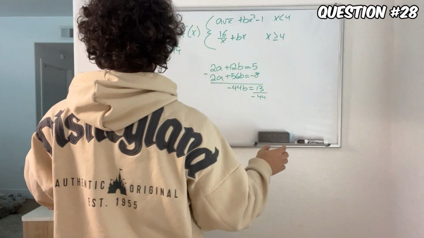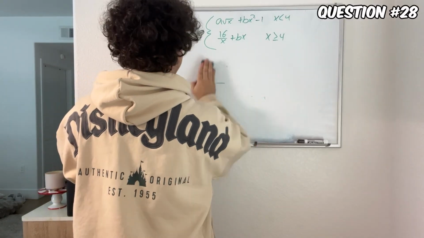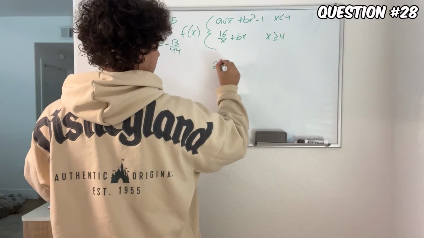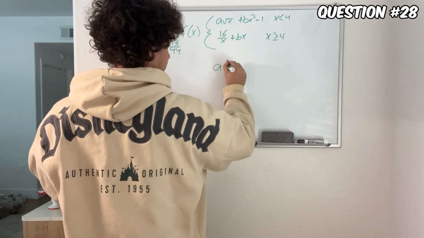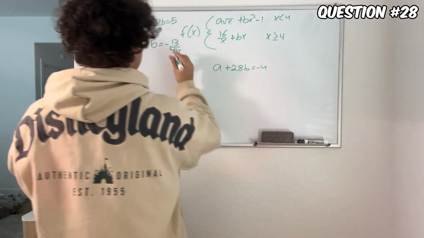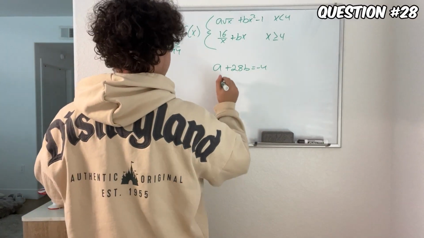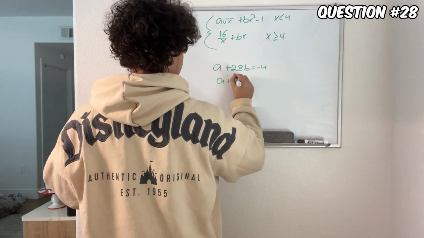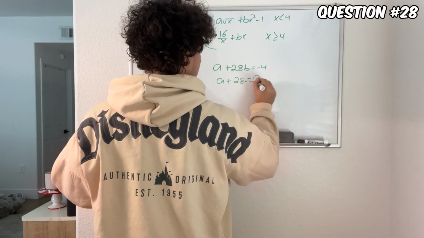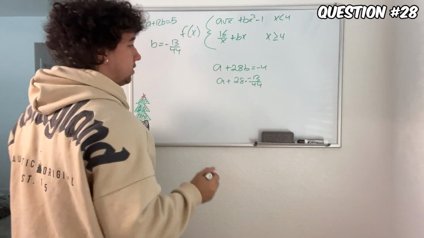And then from here, well, I guess I'll just plug it into this equation up here. Actually, I did have a plus 28b equals negative 4. So I'm going to just plug it into this one. This seems a lot easier. So a plus 28 times negative 13 over 44, like this.